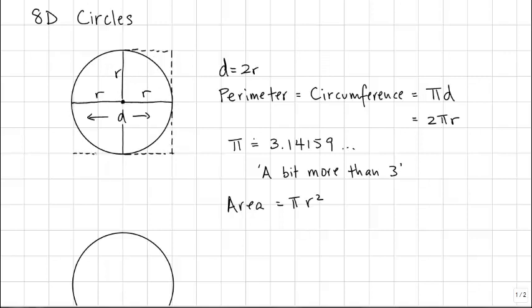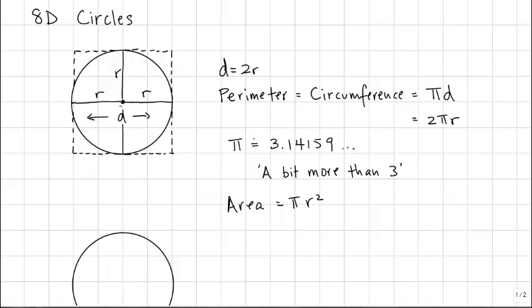And so the bounding square is 4r squared, and the circle is just pi r squared. So the circle occupies a little bit more than 3/4 of the square that the circle is inscribed in.